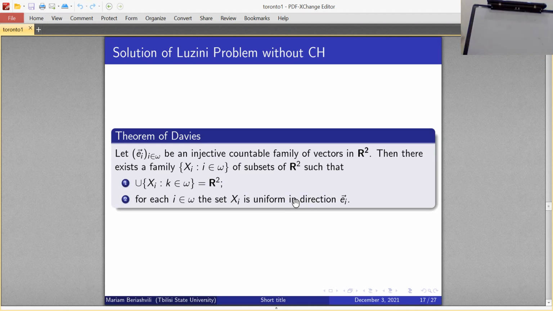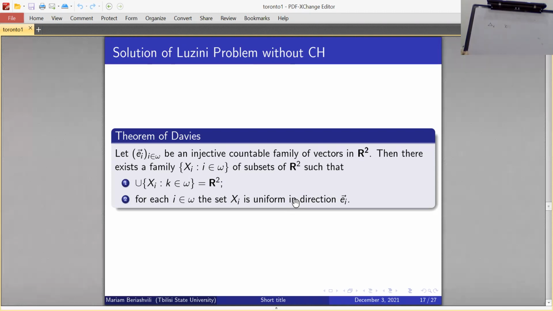Okay, we know that there exists this family, the X_i's, and let us denote by delta Q the open unit square, the coordinate square in the plane, and we have the X_i, which is the set in Davies' theorem here.